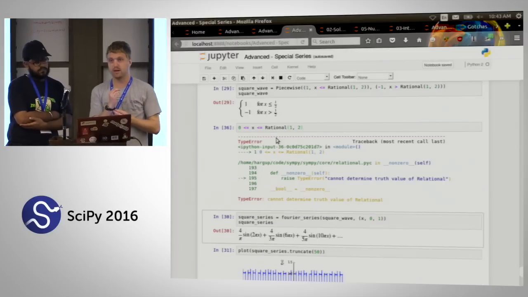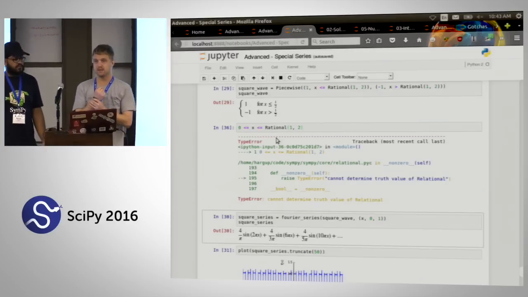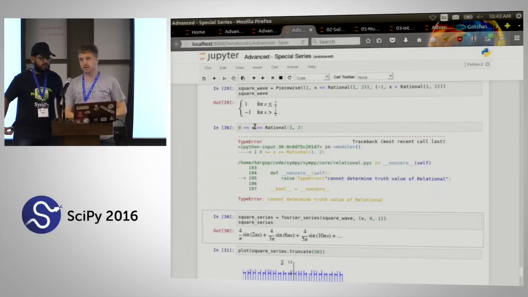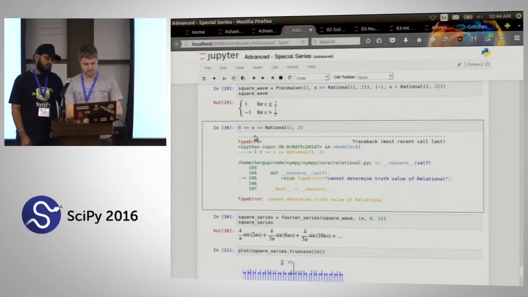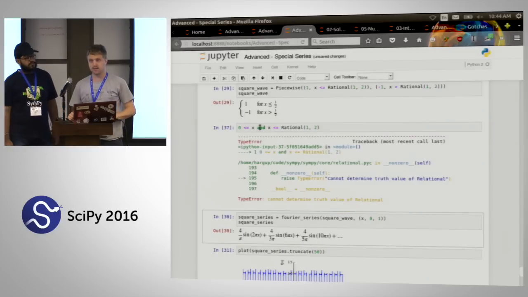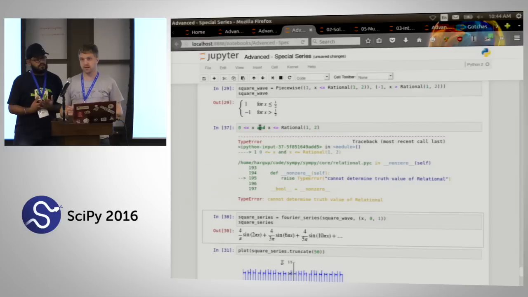This is going to give you an error, and it's because of the way Python evaluates this, there's no way that SymPy can represent it symbolically. So what you really want is this, but again, this Python and operator only works if it wants to give a Boolean value, and so that's what this error is telling you.